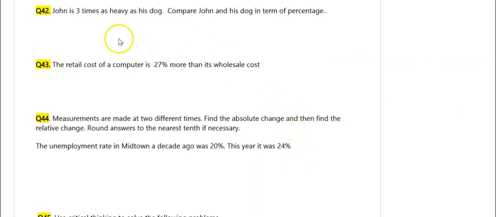Next question. John is 3 times as heavy as his dog. Compare John and his dog in terms of percentage. So John equals 3 times his dog.